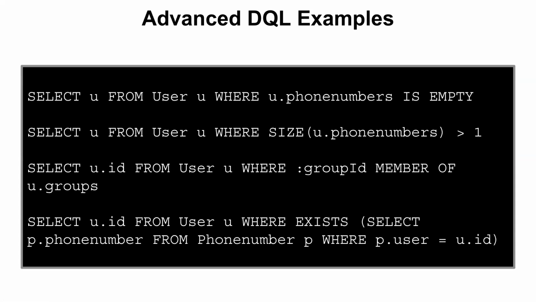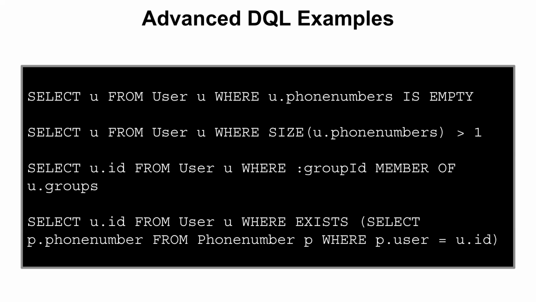So I'll show you some more advanced DQL. These are some features that are built into the DQL syntax that would normally be possible with SQL, but the SQL might be really complex, and the DQL can hide a lot of the complexity of how the entity layer in Doctrine gets converted to how that data is represented in the database.